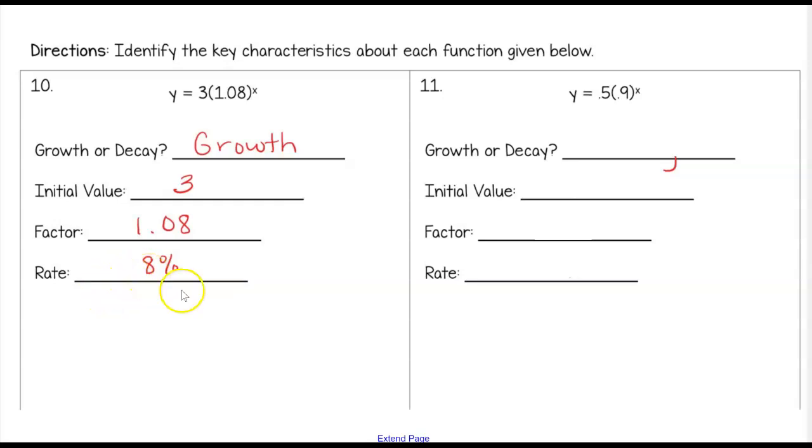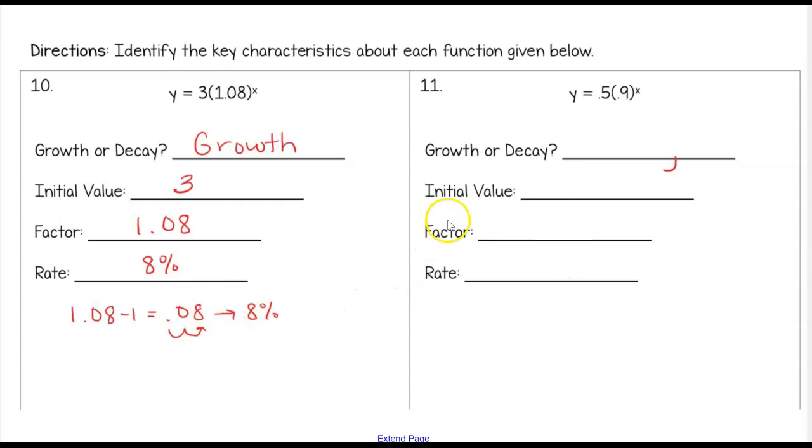Even though it's growth, what you want to do is take whatever the factor is and subtract 1 from it. Then move the decimal 2 places to the right. So we have 1.08. That's the factor. We subtract 1 from it, and we get 0.08. Then we move the decimal 2 places, and that's going to be 8%. That's how we get 8%.